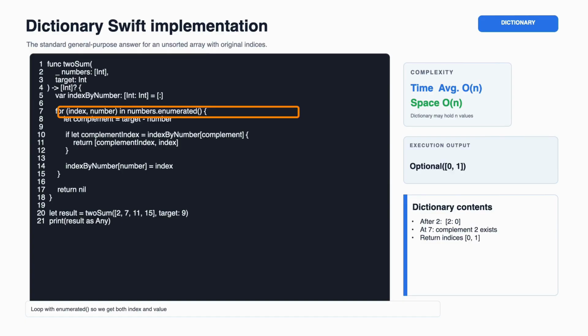For each number, we calculate its complement. For example, when the current number is 2 and the target is 9, then the complement is 7. Next, we check whether this complement has already been stored in the dictionary.